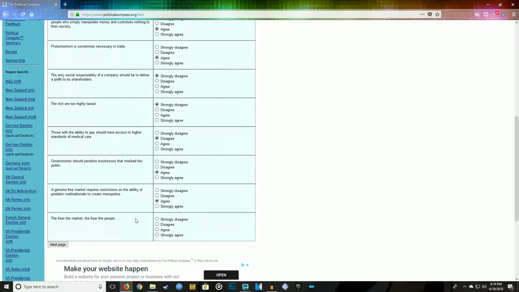So, if people are allowed to purchase things, if that's the case in a free market, you can purchase whatever you want from any company at any time. I do agree with that, but I don't know what context this freer the market, freer the people is supposed to be referring to. I'll disagree because I don't know if that's always the case.